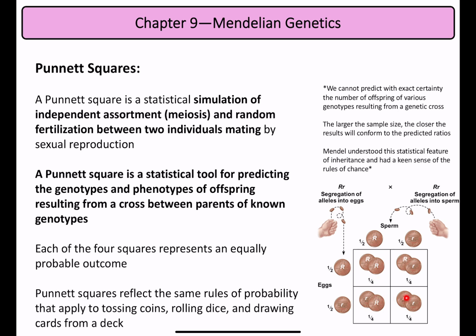Only one can happen for one kid, but each one is an equally likely event. And it's just basic probability that governs genetics, because everything goes back to that coin toss of independent assortment during meiosis, and it's true chance. It's a 50-50 chance. So same rules that govern coin tosses, cards, and dice.